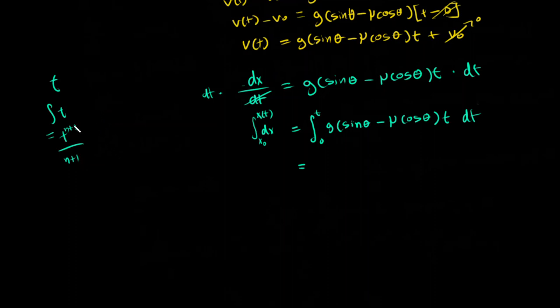So basically what we're doing is t squared divided by 2, right? If it's t, there's an invisible 1 here, plus 1, so we're going to get 2, divided by the same n plus 1, so we're going to get 2 under it. So what we're going to be left with is this, essentially.